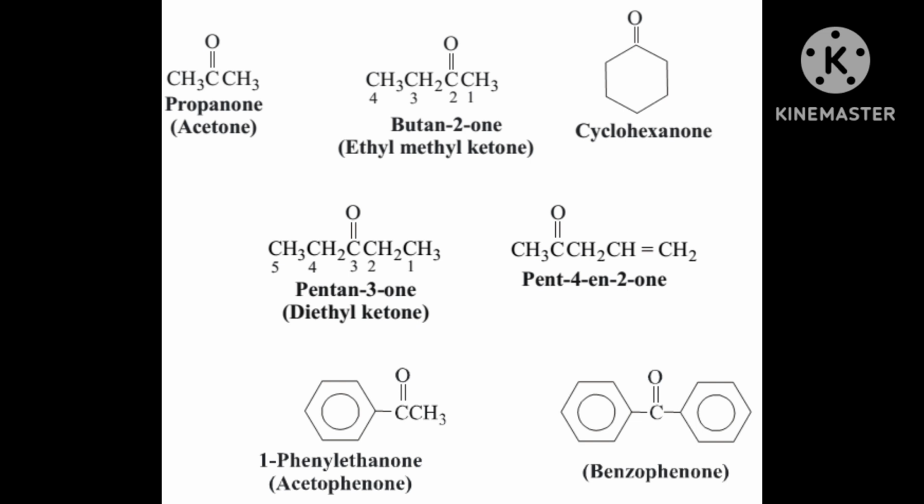When the aldehyde group is attached to a ring, the suffix carbaldehyde is added after the full name of the cycloalkane. The numbering of the ring carbon atoms starts from the carbon atom attached to the aldehyde group.